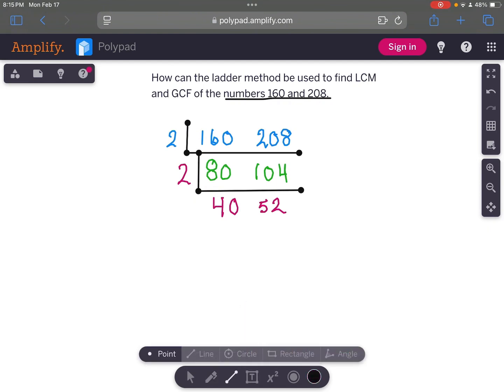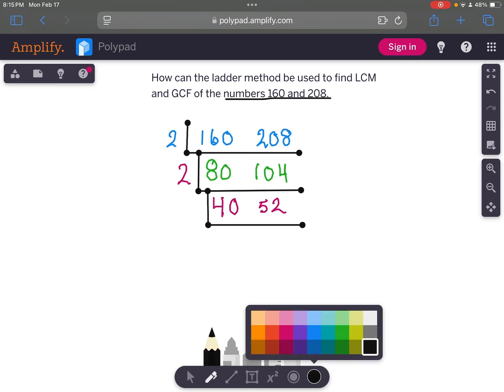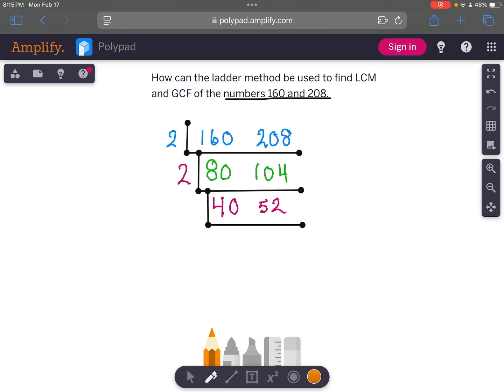Okay? So we're going to start again. We're going to make our third ladder. So, what is another small prime number that we can use as a common multiple? Both of these numbers can be divided by 2. Right?